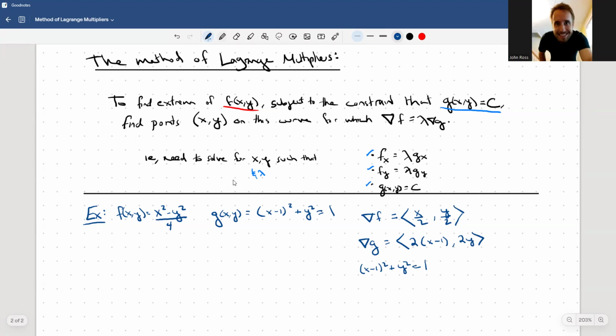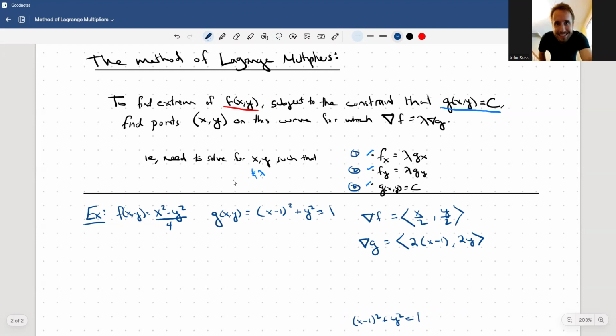Oh, wait. So that is important. But before I do this, let me just move this down. I meant to turn my grad f and my grad g into the system of equations we have up above. So equations 1, 2, and 3. Equation 1 is going to be equating the first component of grad f to the first component of grad g.